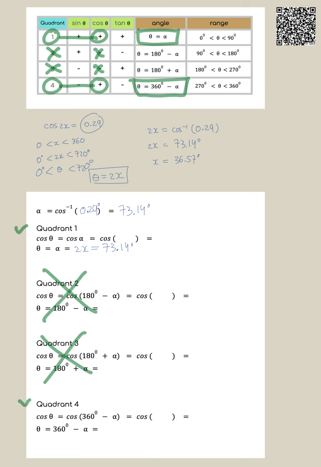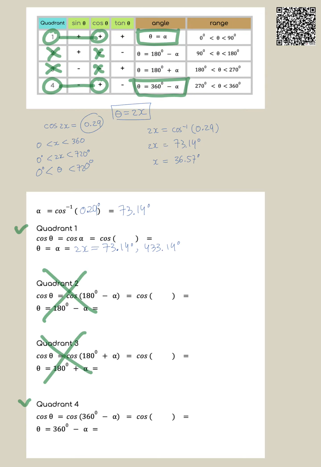Do we have to add 360 to this? Yes, we must, because the value of theta is between 0 to 720. So we add 360 to this: 73.14 plus 360. How much do we get? 433.14 degrees.